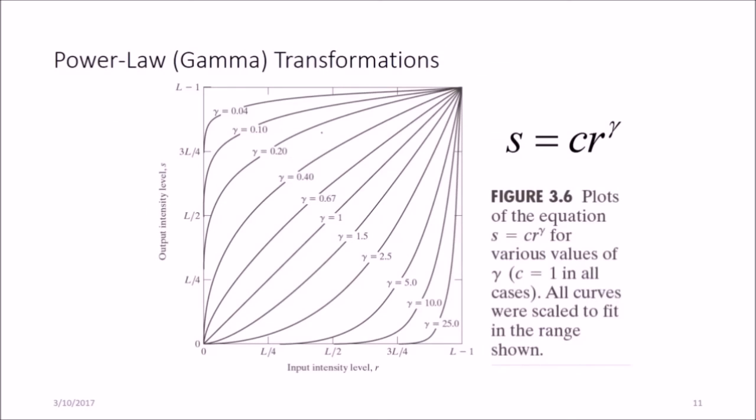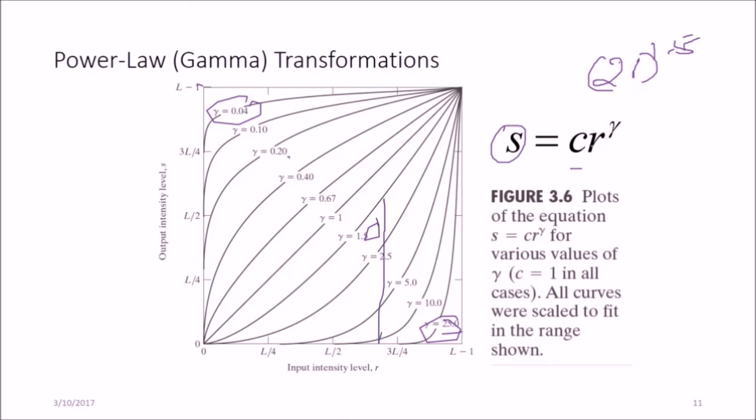Then we also have the power law, that is gamma transformation. For each gamma value, the curve will be different. These are the plots of the equation C r to the power gamma, and this gamma is the value which varies from, say, 0.04 to 25.0 and likewise. If we take the power, say your digital value is 26, and you apply, say, 1.5, you will get the result with this curve.